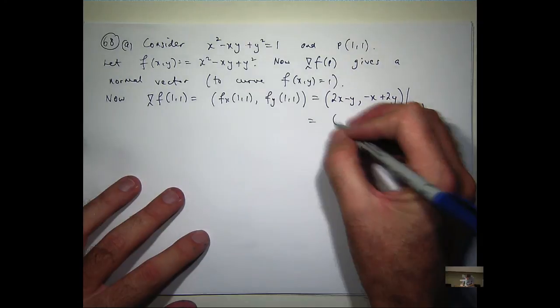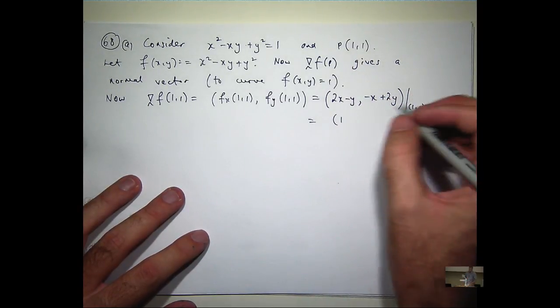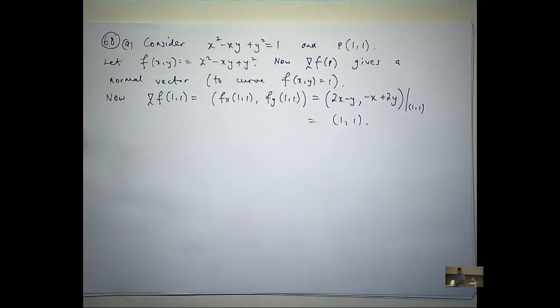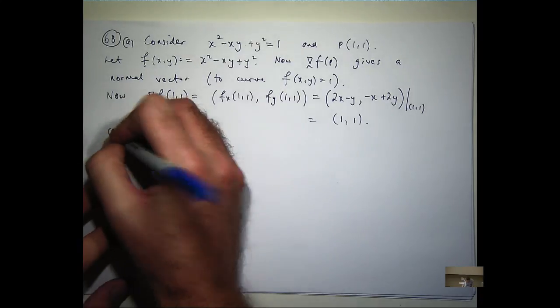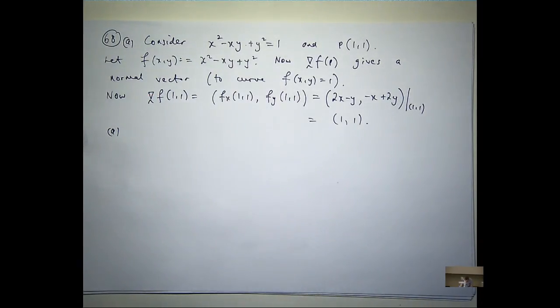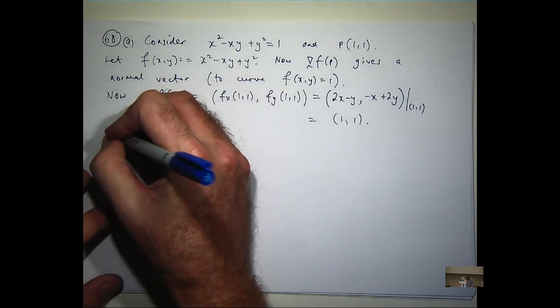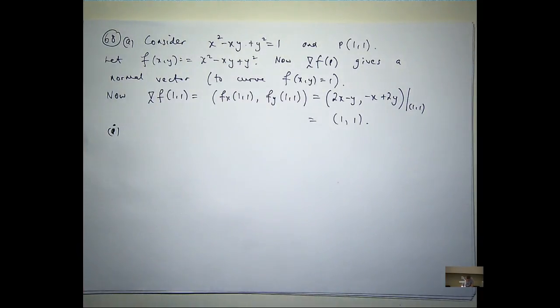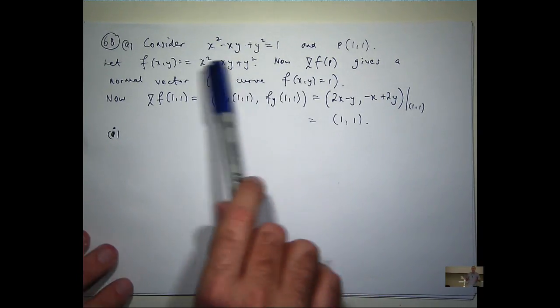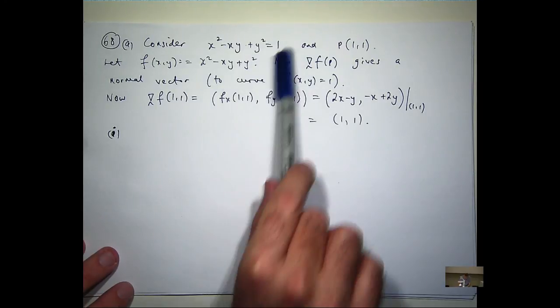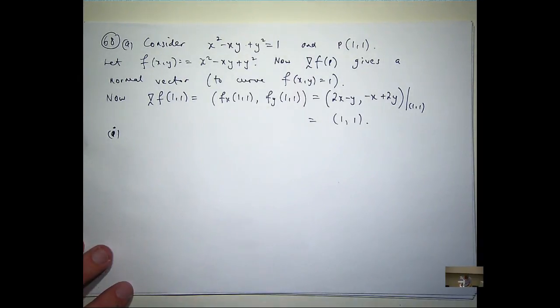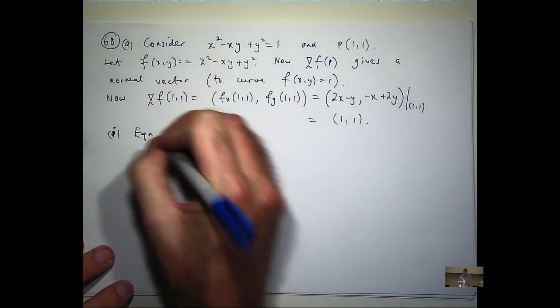So if I plug in those, I should get (1, 1). Okay, well, let's see what we can do with it. Let's call this part I. So we want to calculate the equation for the normal line, the line that's normal to this curve at this point.